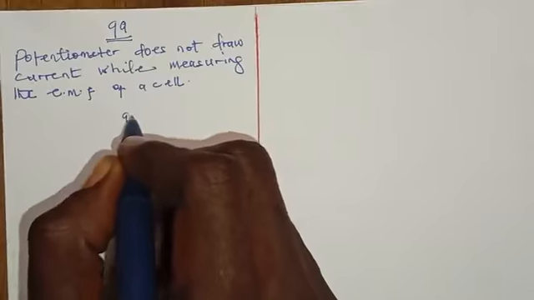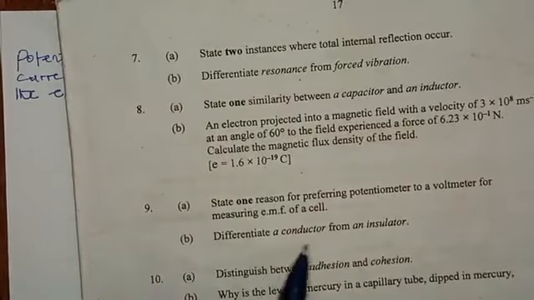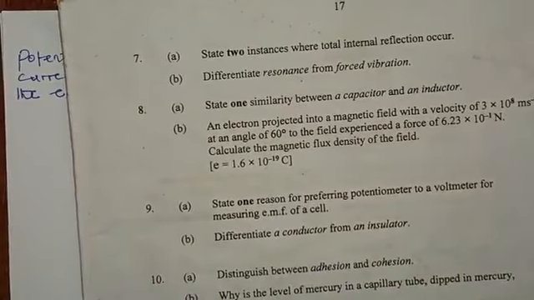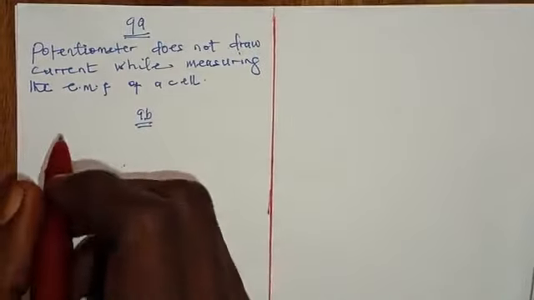So 9b says you should distinguish between a conductor and an insulator. So what is a conductor? It could be a conductor of heat or electricity.